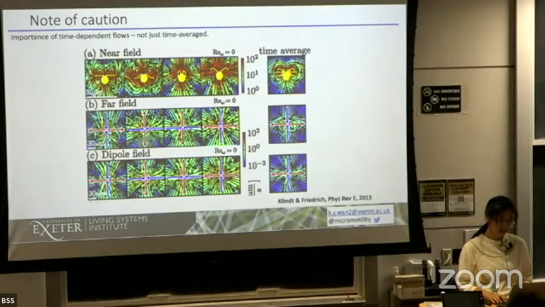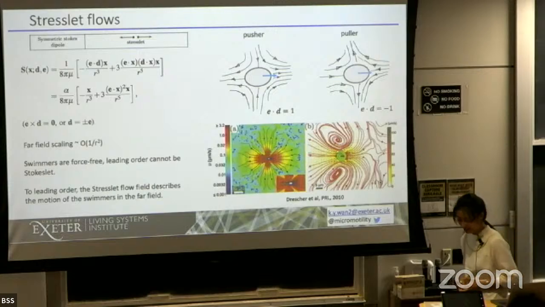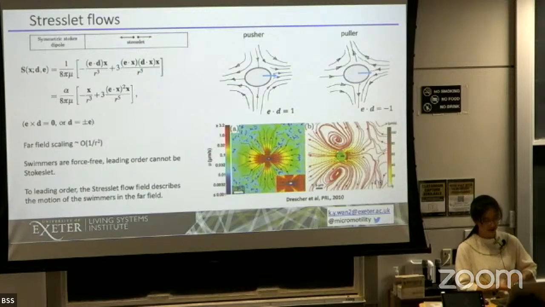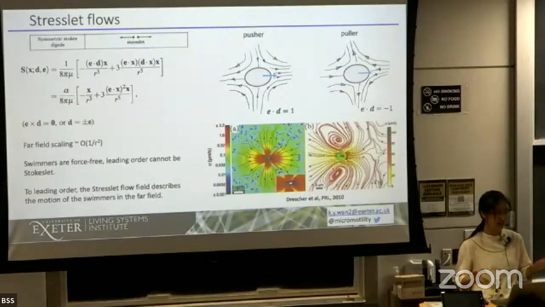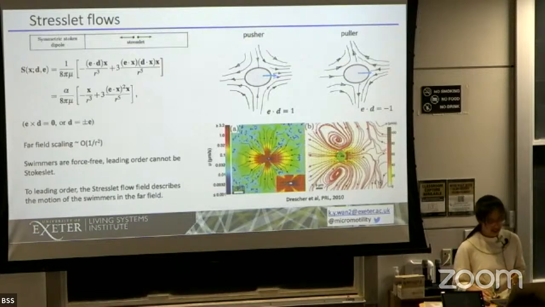So one thing to note is that the flow fields measured in this article are time-averaged flow patterns. If you imagine the PIV data, you have a frame for every time, and then you're just averaging over all of these frames, assuming that you have fairly steady but periodic dynamics.